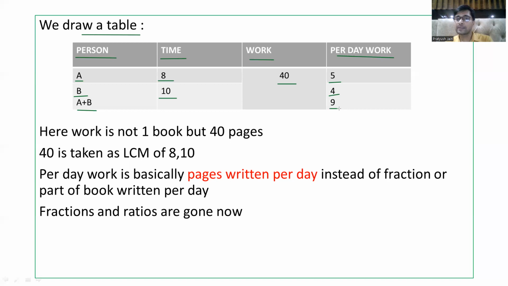So every day A and B together can write 9 pages, and they have to write a total of 40 pages. So per day work is basically pages written per day instead of amount of book written per day. Instead of fractions, it is simply pages written per day, and entire fractions and ratios are gone now, completely gone.